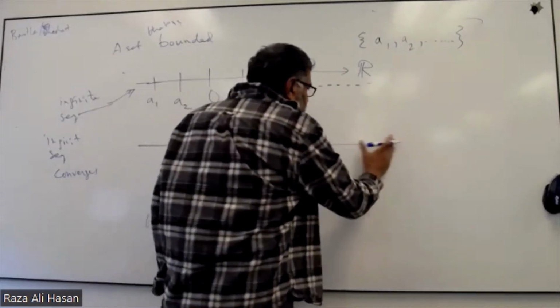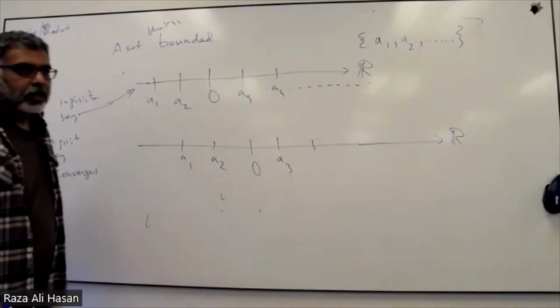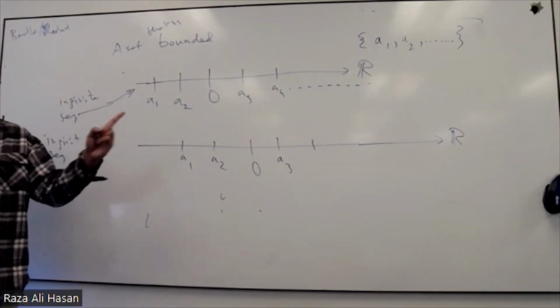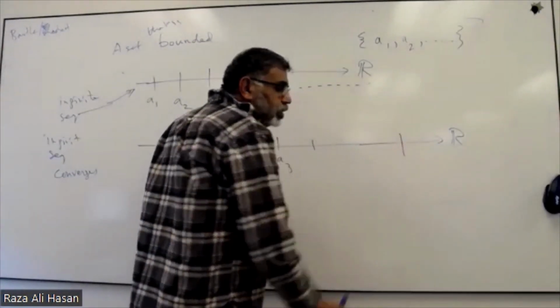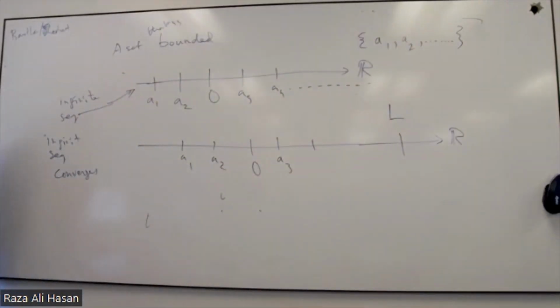And for convergence, what do we need? For the terms of the sequence to cluster around some limit. So the limit is some real number. Let's call it L right here.